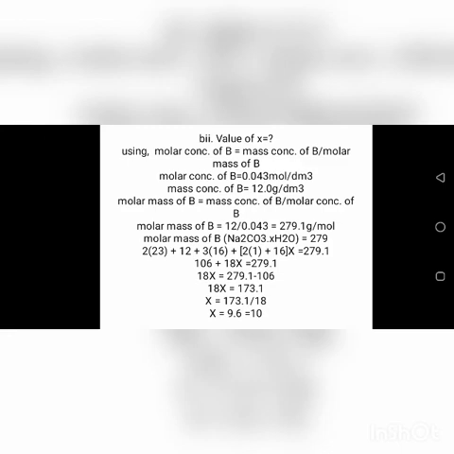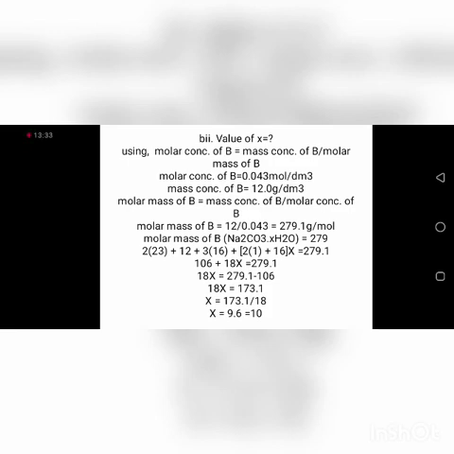279.1 grams per mole. From there, the base is sodium carbonate dot XH2O. We equate it to the molar mass, which is 279 approximately. Sodium is 23, that is 2 times 23, plus carbon is 12, plus oxygen is 3 times 16, plus water, 2 times 1 plus 16. Oxygen is 16.